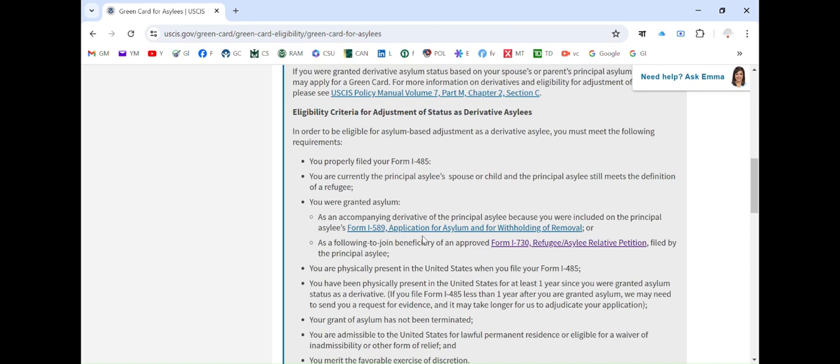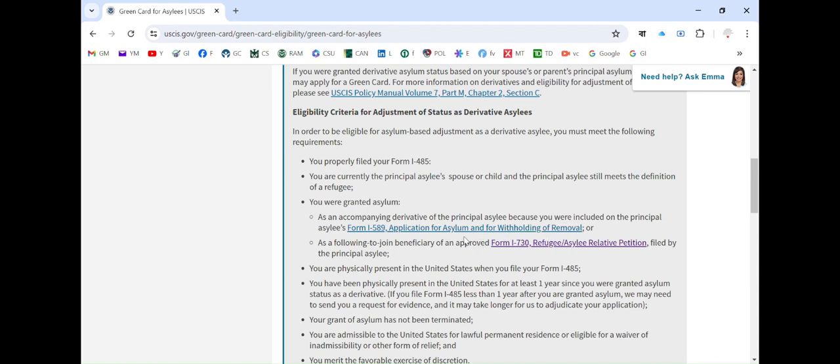The first thing the principal asylee does is fill out Form I-589. And you as a spouse or as a child are included in the Form I-589 application as the derivative asylee of your spouse or parent.